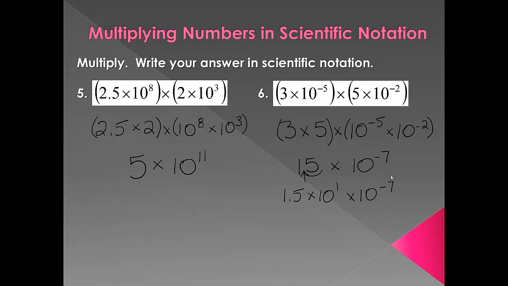I can now combine 10 to the 1st power times 10 to the negative 7th power because I have the same base. So I'm going to still have 1 and 5/10, and then I have times 10, and my product of powers property says I would do 1 plus negative 7, which is negative 6. So my answer is 1 and 5/10 times 10 to the negative 6th power.